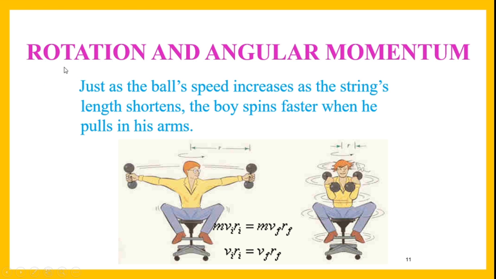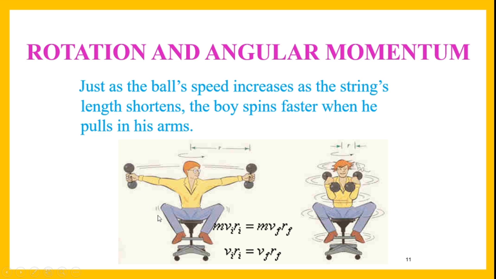Now we will see the relation again with an example. What is the relation between rotation and angular momentum? As we have just seen in the previous case, the ball speed increases because of the decrease in the length of the string. The boy here spins faster when he pulls in his arms.